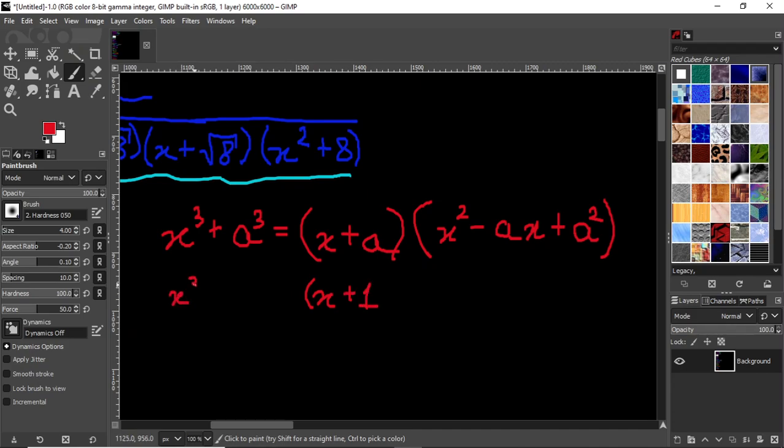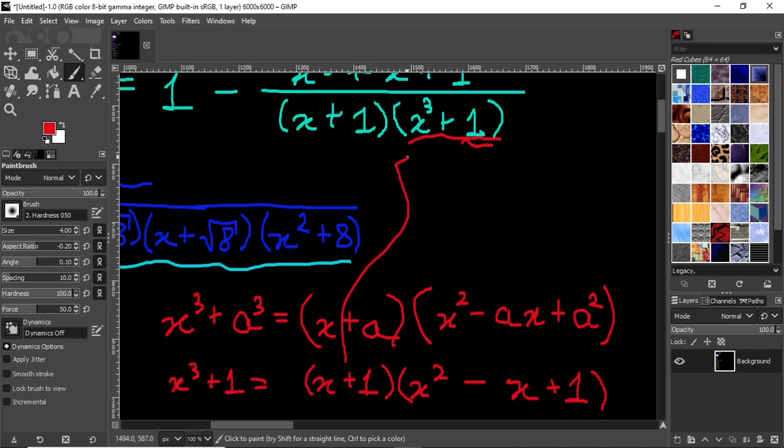So x cubed plus 1 is going to be x plus 1 times x squared minus x plus 1, and we're just going to substitute that in here, and there is also an x plus 1 here to go along with what's already here.